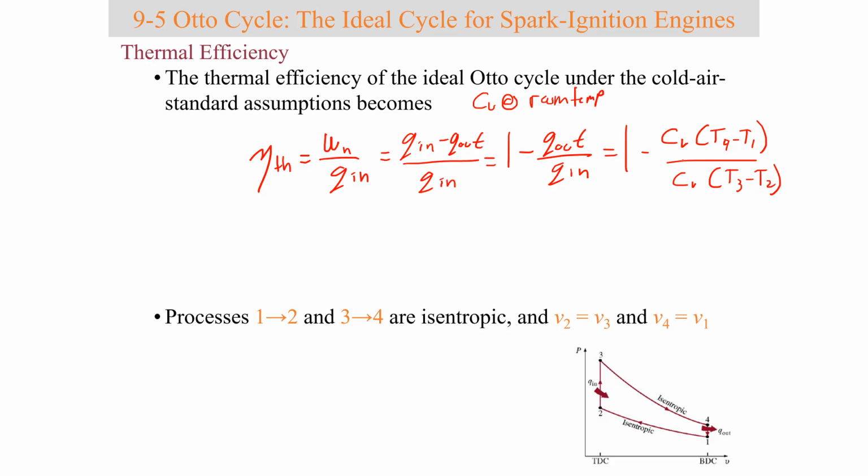So since the CVs are all evaluated at room temperature, I can go ahead and cancel them out, and I get my thermal efficiency as a function of temperature. Right? I can also get my thermal efficiency as a function of the compression ratio. Again, where the compression ratio is the max over the min volume.